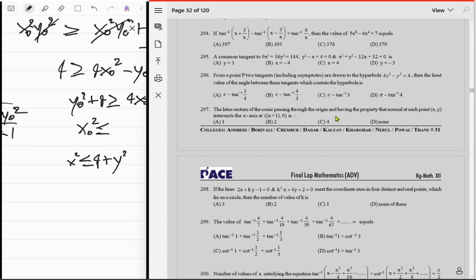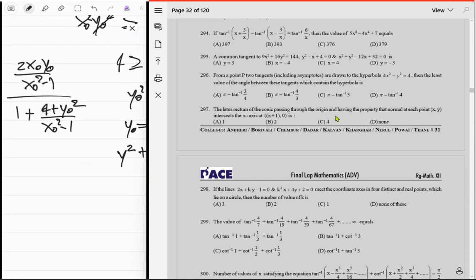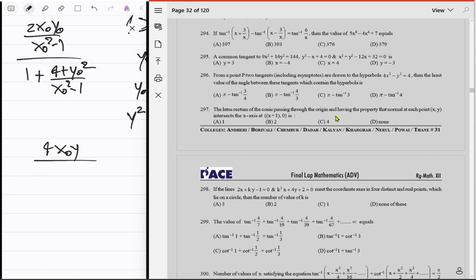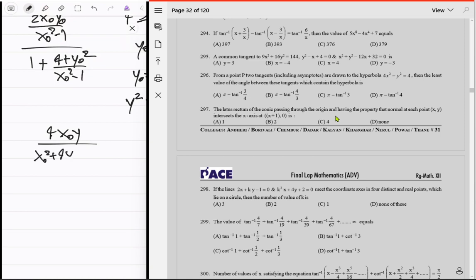Or we could always say y naught is equal to 2y, then y squared plus 1 is bigger than or equal to x naught squared. तो फिर ये जो चीज रहेगी, this becomes x naught times 2y naught over x naught squared plus y naught squared plus 3, okay, so x naught squared is 4y squared plus 3.